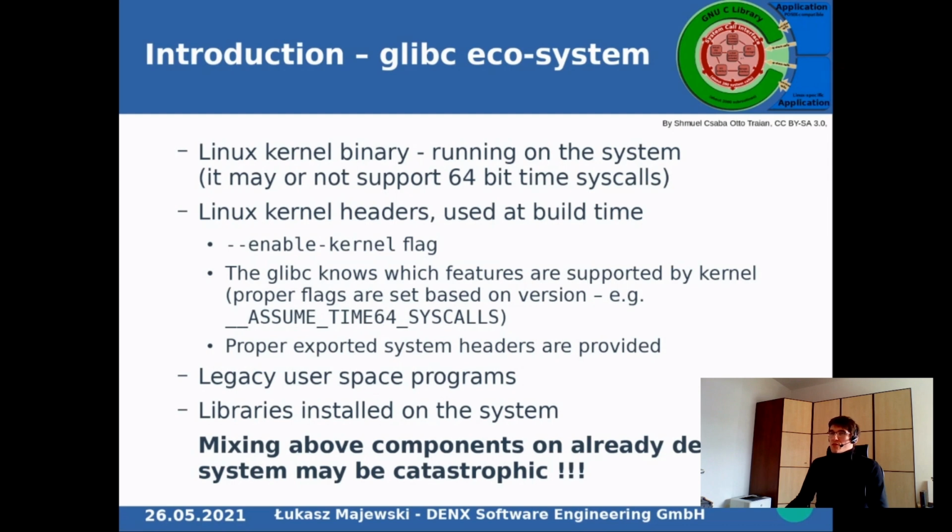We can use the enable-kernel flag to pass the proper version of the Linux kernel, but those headers are also used so that glibc will know internally which kind of features are supported by the Linux kernel. For example, for the year 2038 issue, when the kernel provides proper syscalls, in glibc the flag __ASSUME_TIME64_SYSCALLS is defined. So it is important to have the same kernel and the same Linux headers which were used during building glibc.